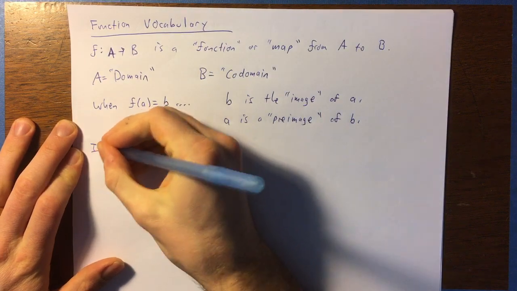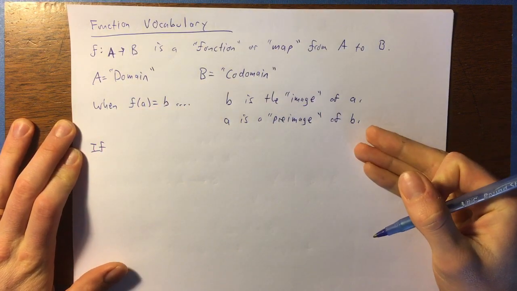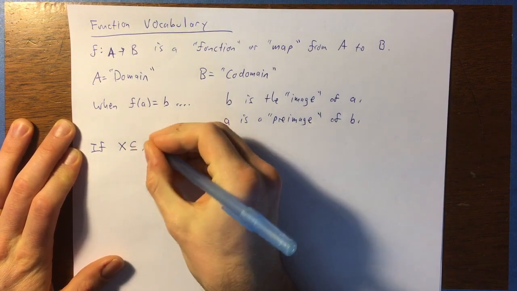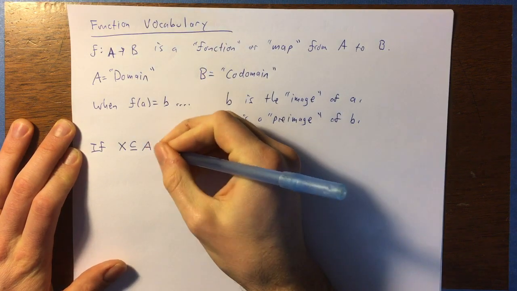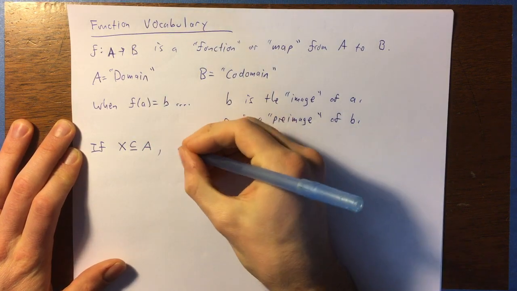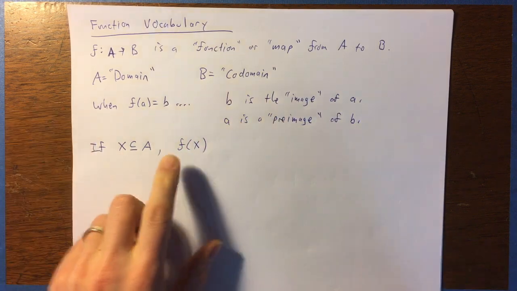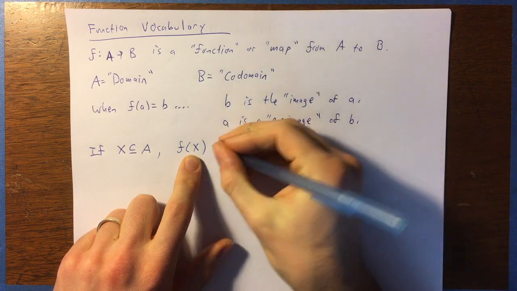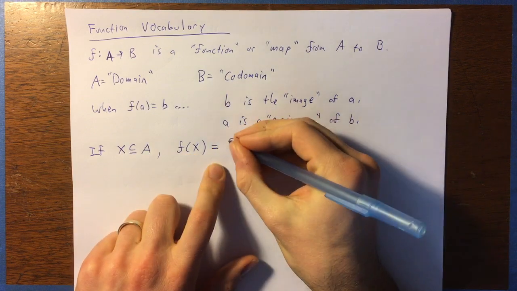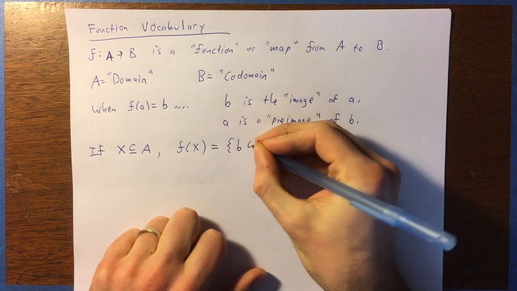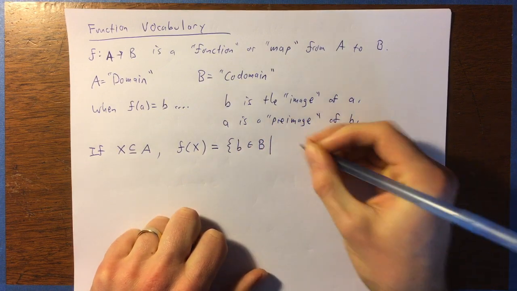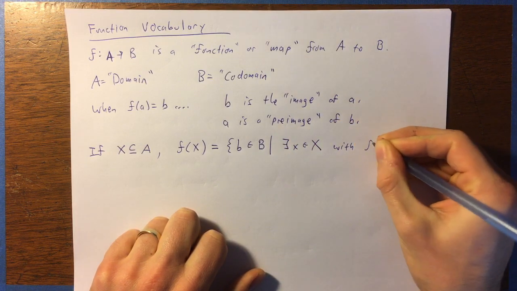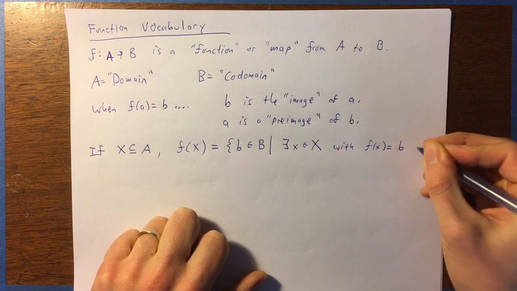Now, if you look at not just one element of the domain, but a whole subset of the domain, I'm just going to call that subset X. So capital X is some subset of our domain A. Okay, if X is a subset of domain A, then f of X, which seems like a little funny thing to do, because usually you think about putting an element in here, not a whole set of things. But this notation does have meaning. You can interpret this to mean the set of all elements b from the codomain such that there exists an x in the set X with f of x equal to b.